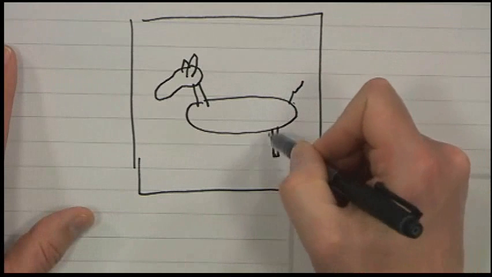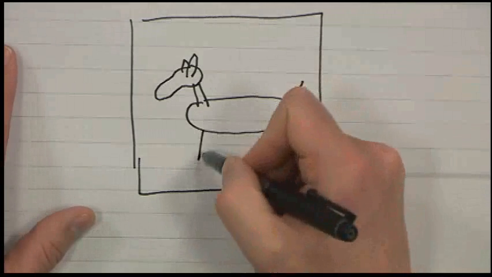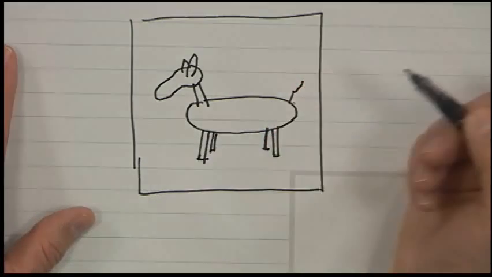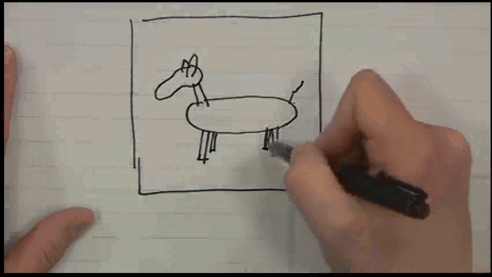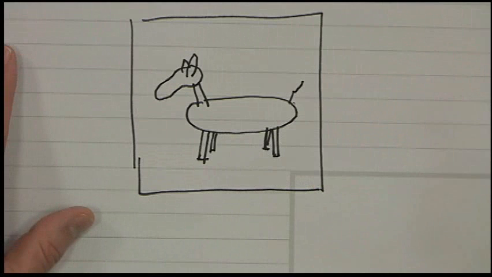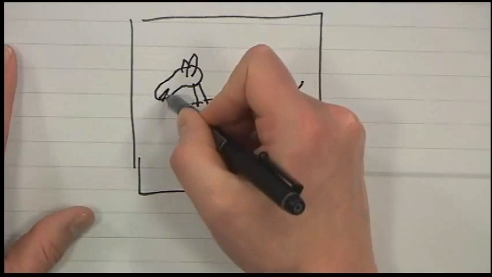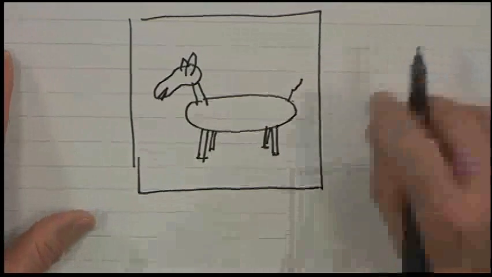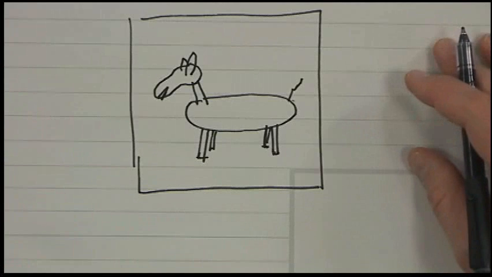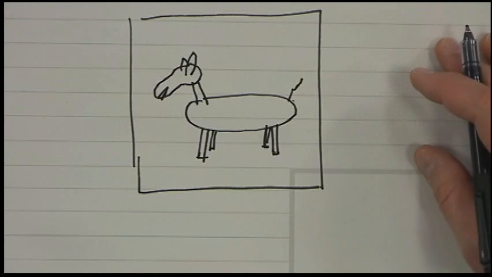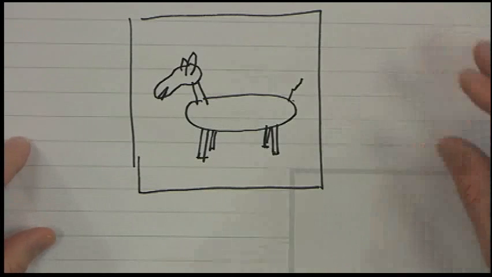Don't quit your day job. I won't quit my day job, for sure. There we go, there's a dog. Oh God, that's bad. There's a mouth. Anyway, I can't even remember what I was doing. So there's a dog.